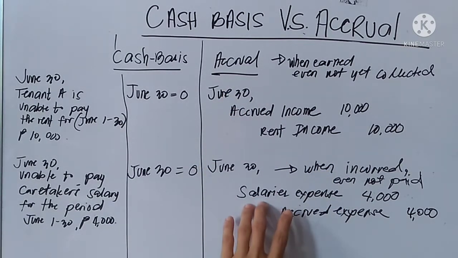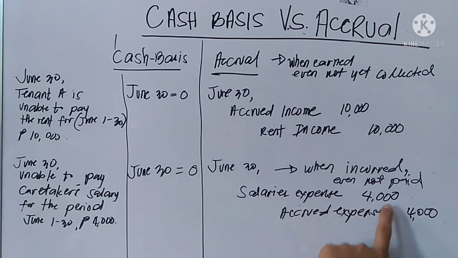So, you debit salaries expense 4,000 and this is our account title for the unpaid expenses. So, magkakredit tayo ng accrued expense 4,000 pesos. So, an accrued expense is a liability.